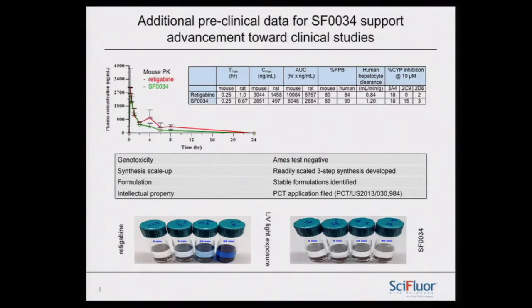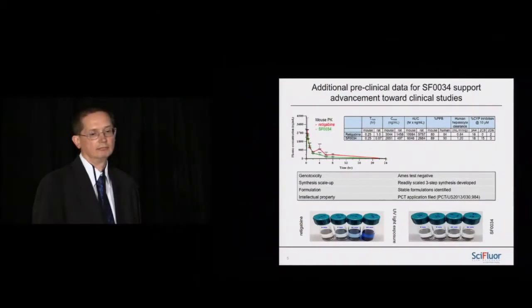No significant CYP inhibition for 3 of the major CYP isozymes of concern. Additional testing has been done: genotoxicity, Ames test negative, synthesis is readily scalable, formulation is readily attained. The intellectual property has been published as a PCT within the last 6 months or so, so the intellectual property is covered.